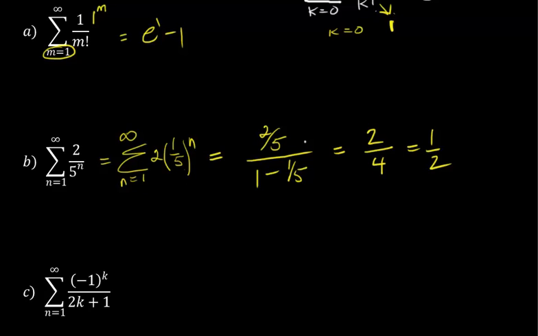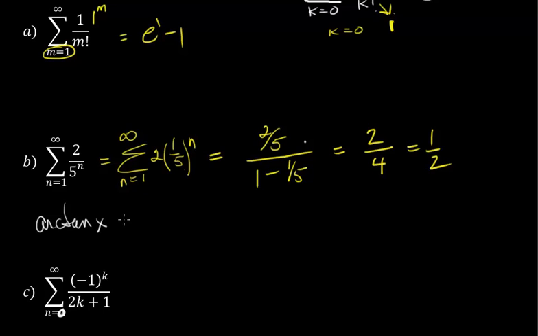On part C, let me change it slightly. Let's just start it at n equals 0 here. Well, you see that 2k plus 1 is not factorial, so this must be arctangent. So let's write the series up here.